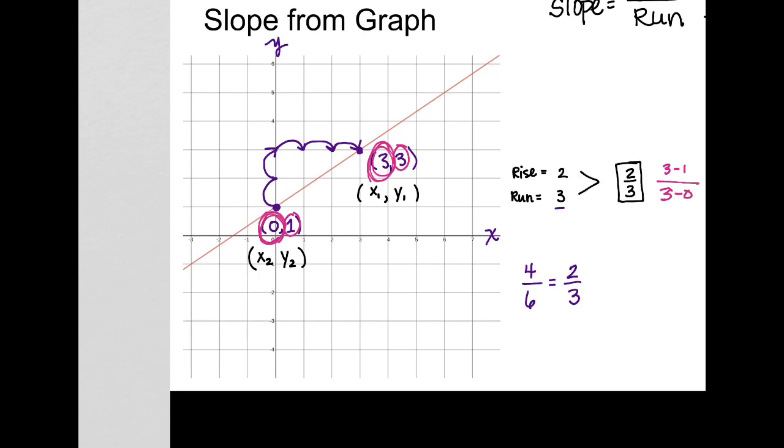So what we did was we took 3 minus 1, so we took y1 minus y2, and then we took this 3 minus 0, so I took x1 minus x2. So slope becomes y1 minus y2 over x1 minus x2, or you could flop those around and say y2 minus y1 if you want to, and x2 minus x1.